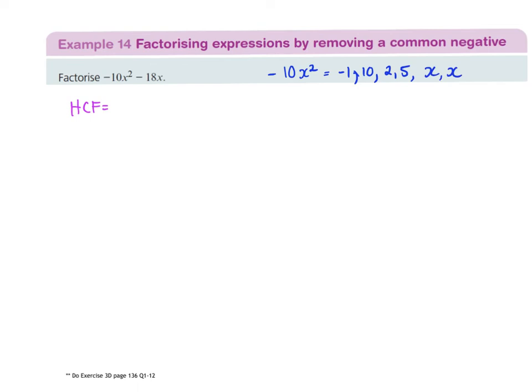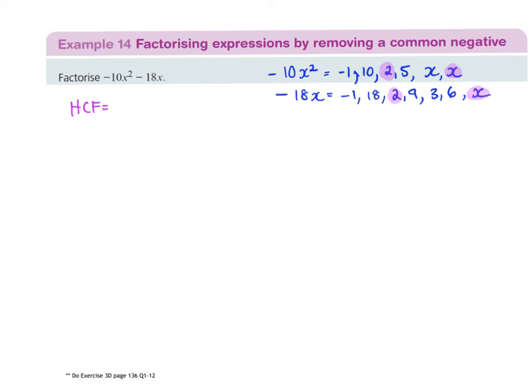Because that's what x squared is. Now, what about negative 18x? That could be negative 1 and 18. It could be 2 and 9. Could be 3 and 6. And we've also got an x there. So which one's common? I've written them all out, the factors. Which? Pardon? 2x. Yeah, so we're going to say 2 and x.